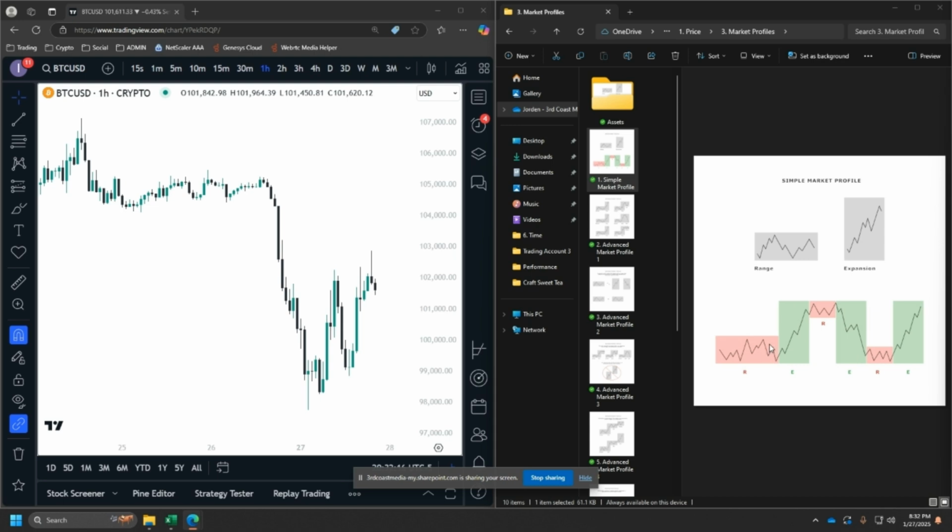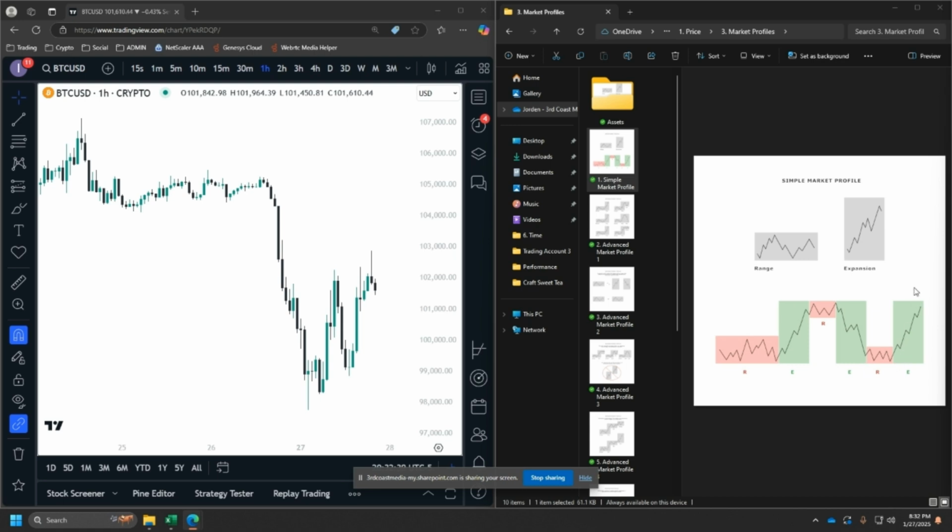So in this case, we can see here, we have a range, then we have an expansion, then we have a range, and we have an expansion. We also have a range, and we have another expansion. Notice how price went down, and we call that an expansion.